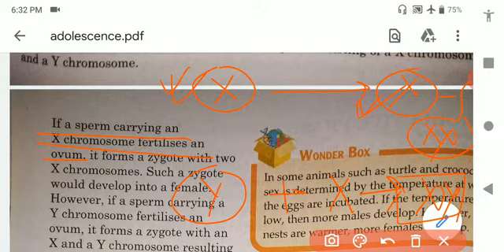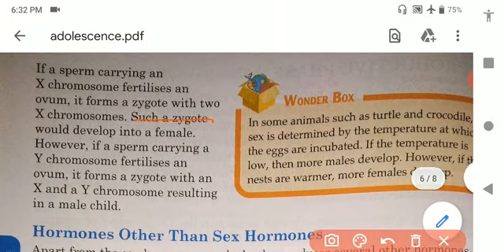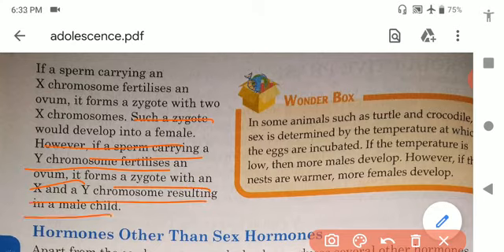Understood? Such a zygote would develop into a female. However, if the sperm carrying Y chromosome fertilizes the ovum, it forms the zygote with XY chromosome, resulting in the male child.